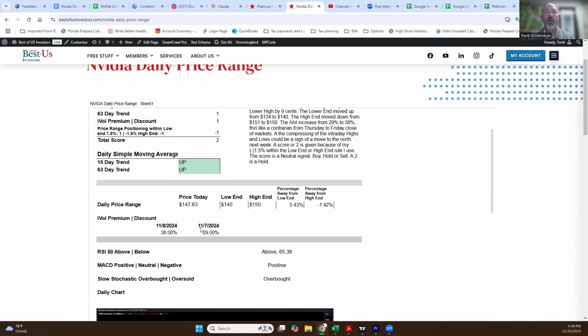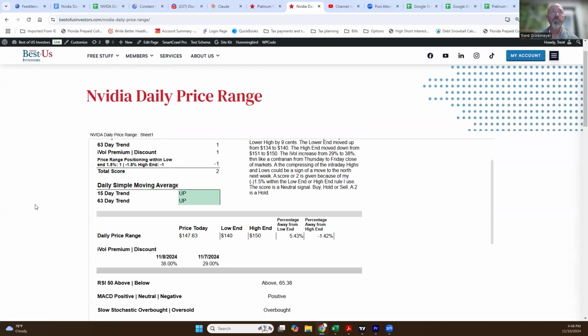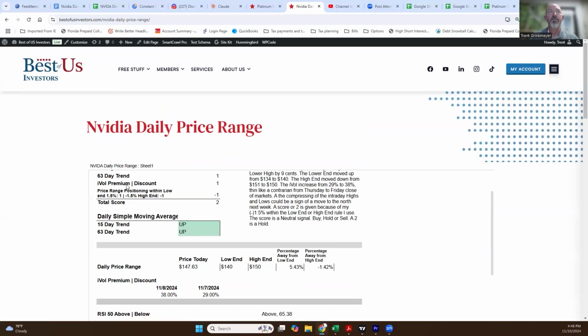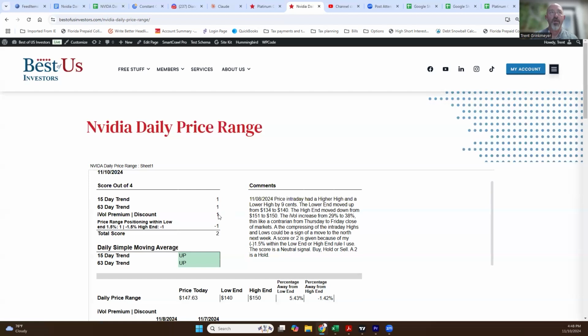Now, since then, on November 7th, it dropped to 29, but because the NVIDIA stock went up towards all-time highs, the premium on puts actually went up from 29 to 38% as of close of Friday, November 8th, 2024. Now, since that is a bullish signal, it's at a premium, it got a score of 1 as well.